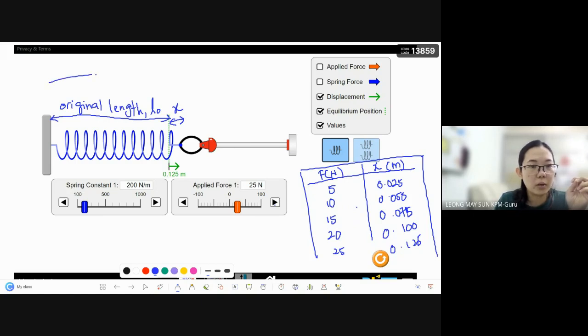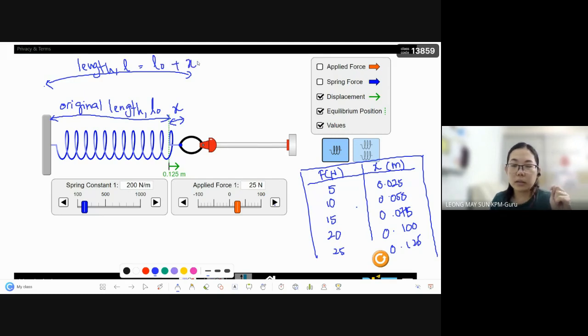The total from the end of the spring to the position where the spring is extended is the total length, which is L naught plus extension. So this is a simple experiment that we carry out online for Hooke's law.